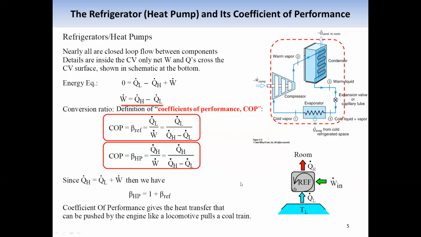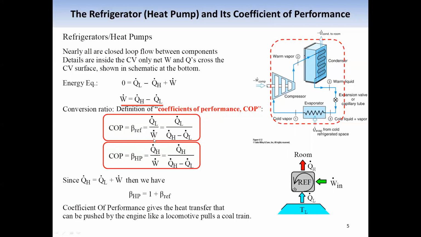As an investor, to make the refrigerator, we are concerned about the COP. COP is defined as how much heat can be removed from the air conditioner divided by the work provided to the refrigerator.